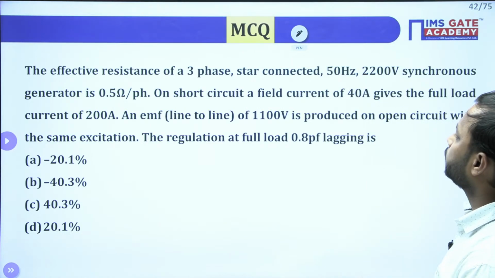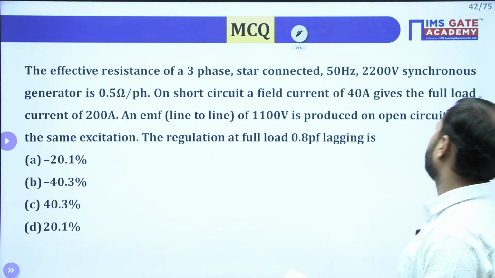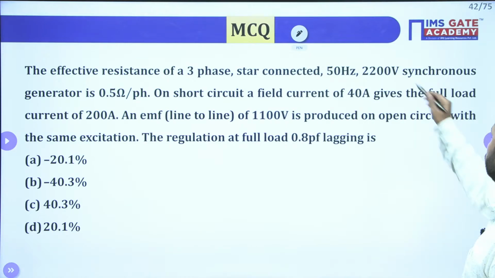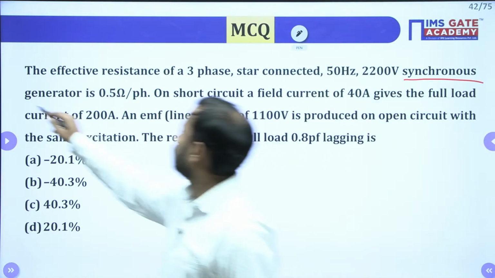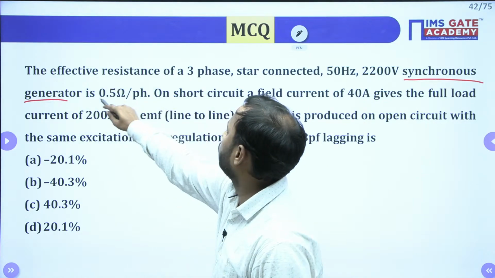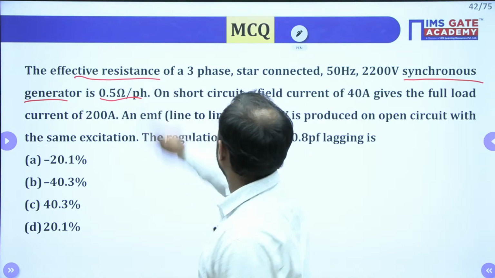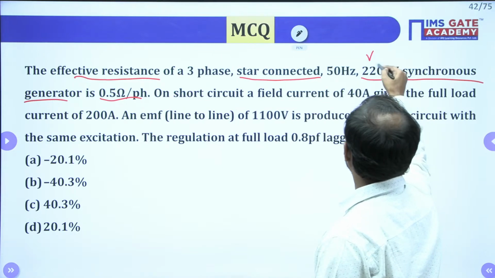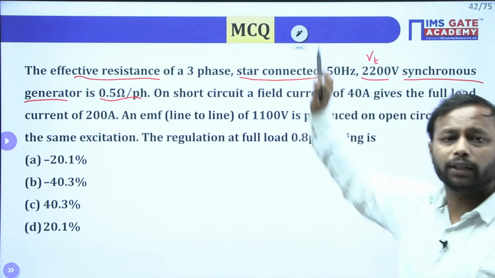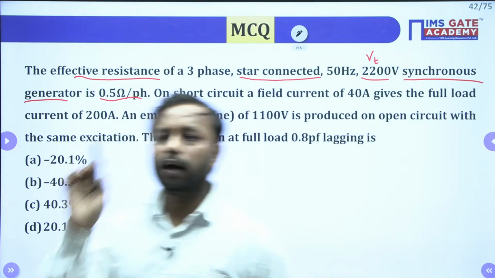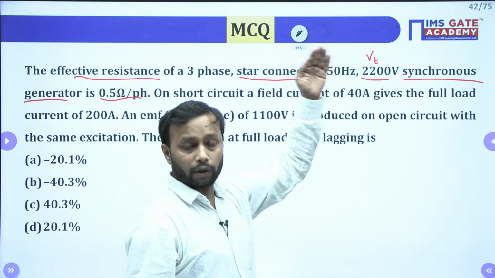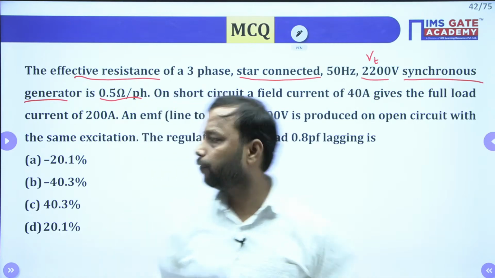The effective resistance of a three-phase star-connected 50 Hz 2200 volt synchronous generator. Okay, so this time they have given a synchronous generator with an effective resistance of 0.5 ohm per phase, and this is star connected, and your Vt is 2200. So this is our line voltage. Until and unless specified as a per phase value, you need to take the voltage as line voltage.